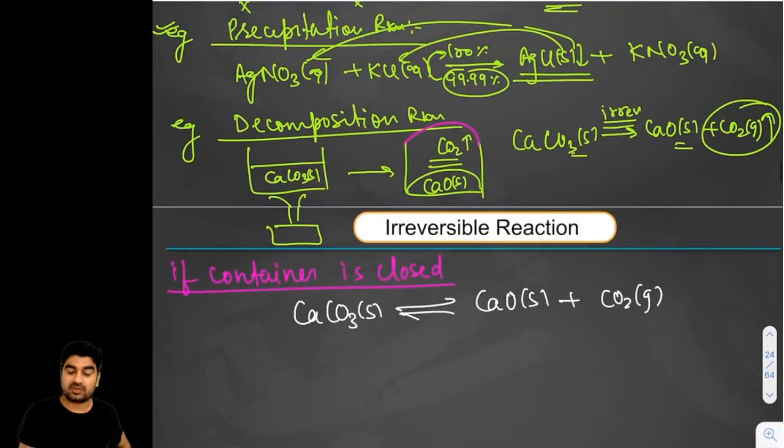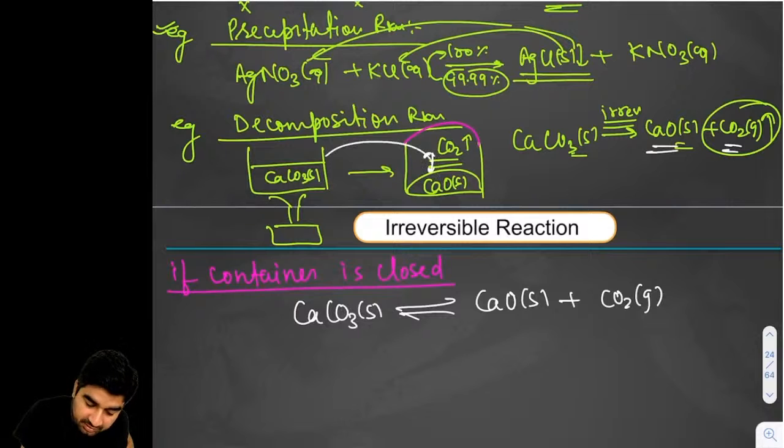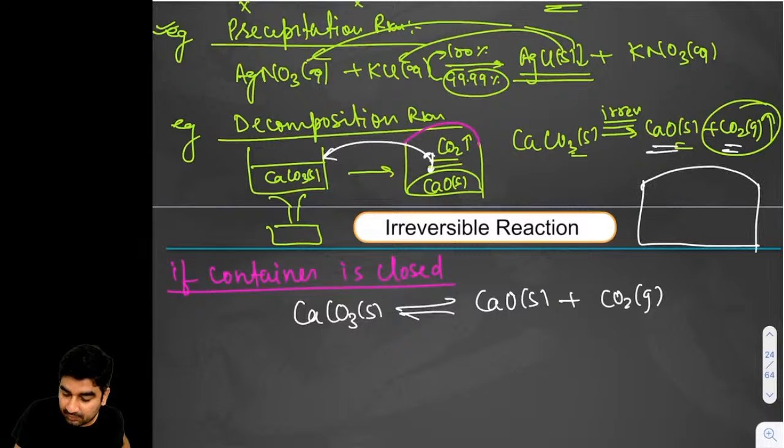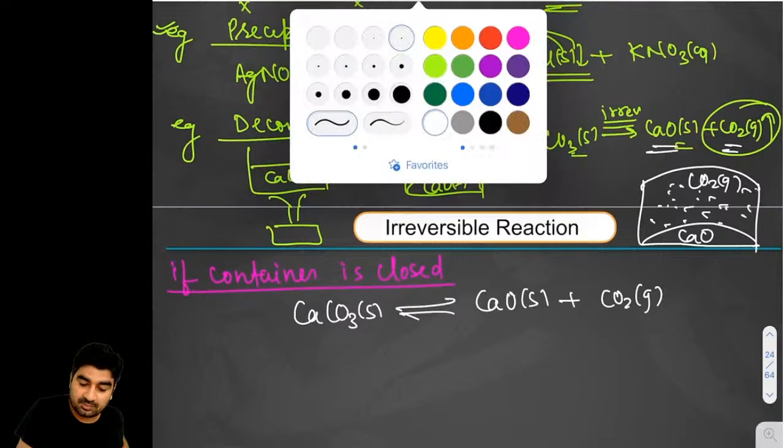Yes, because when you close the container, the CO2 gas will not escape, and this CaO and CO2 can again react and form CaCO3. Because what will happen in the container, if I'm having CaO here and CO2 gas here, if there is excess CO2, then what will happen, guys?